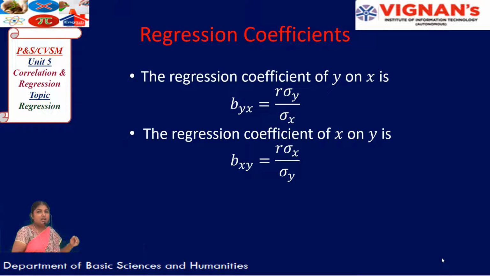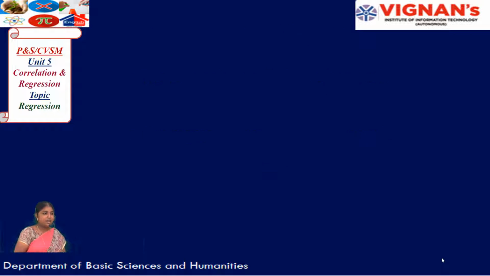Similarly, the regression coefficient of x on y: x is the dependent variable and y is the independent variable. In the x on y line, the y coefficient is taken as the regression coefficient, represented by bxy, equal to r into sigma x by sigma y. Right? Next we see some properties of regression analysis.